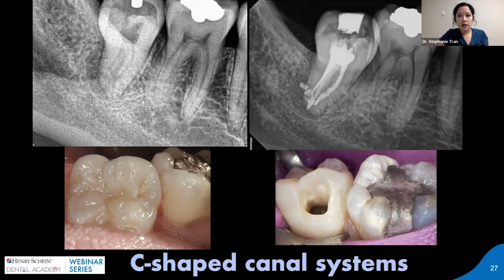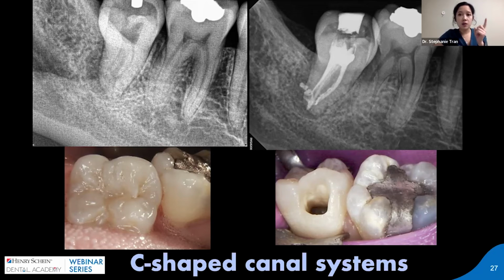They actually have a C shape, which I'll show you on the CBCT scans of this case. But that type of anatomy is difficult for several reasons. One is that fused roots and C-shaped anatomy mean that the canals are not separate little canals. Instead, they're often almost like a ribbon or sheath worth of tissue and material.